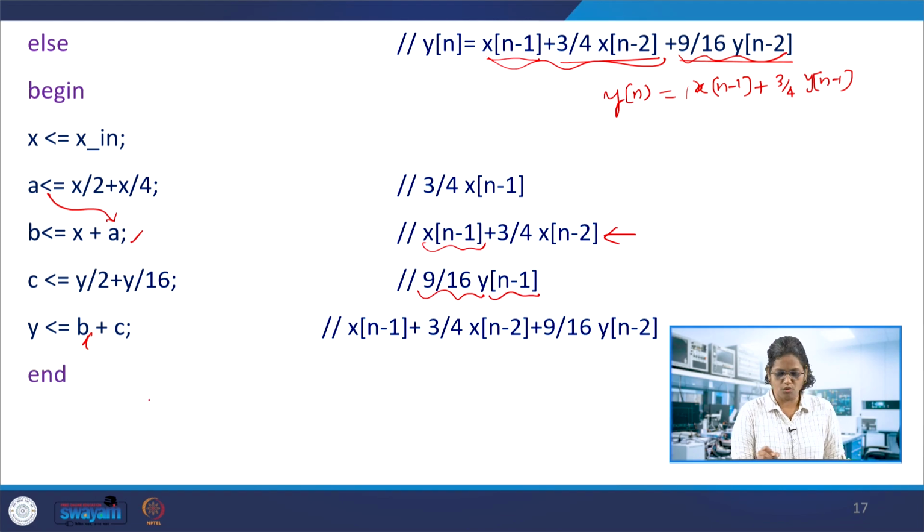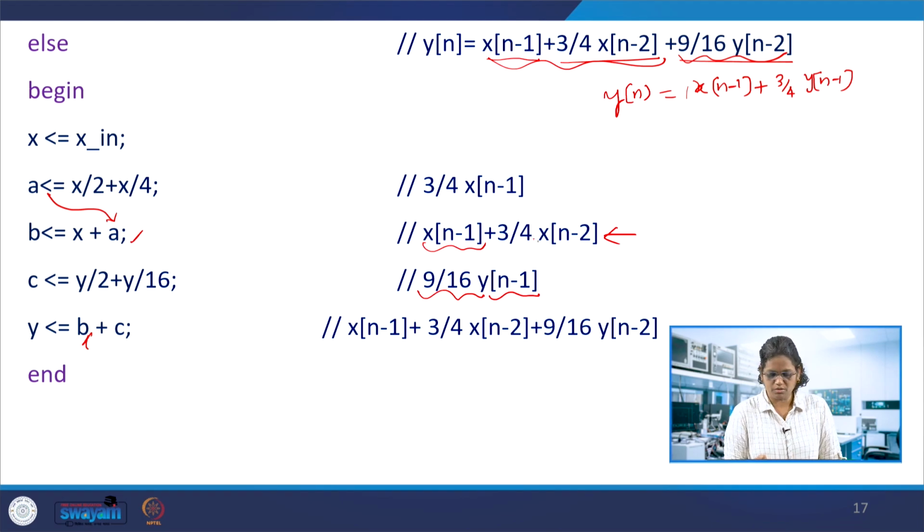Okay, so this is the code for a particular difference equation. So x equal to x in, and then identify if there is any coefficient for xn minus 1, and then xn minus 2. If there is xn minus 2, then that needs to be added separately with this, so one more statement is required.